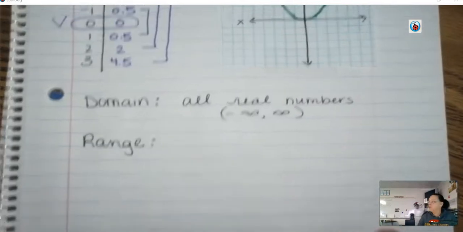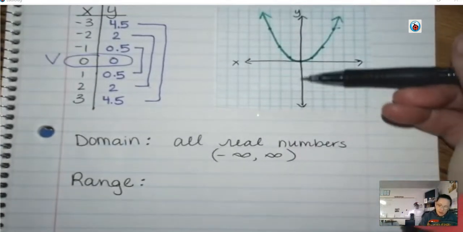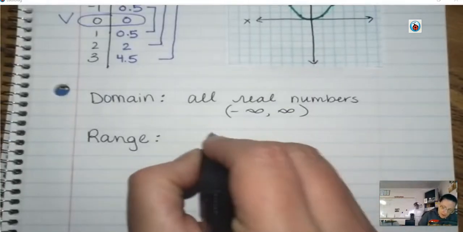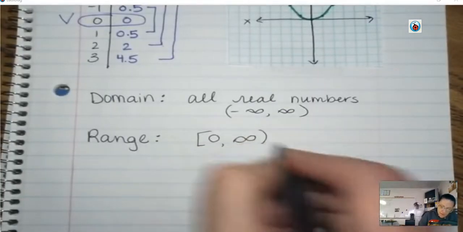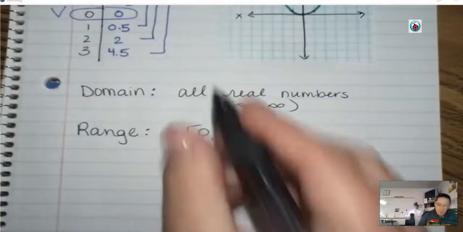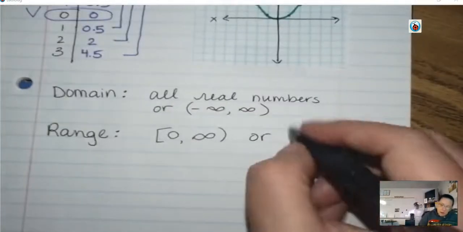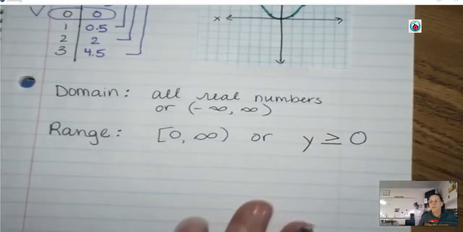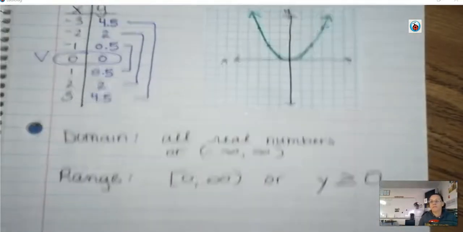Range is the y values. So the smallest y value I see is 0, and then it goes on forever. So you could either do 0 to infinity, or y can be anything that's greater than or equal to 0, whatever that minimum value is.